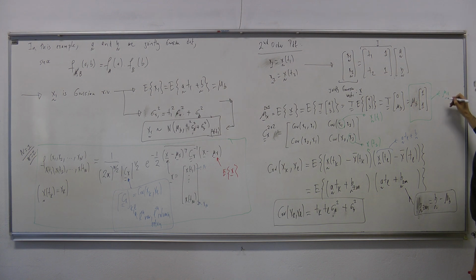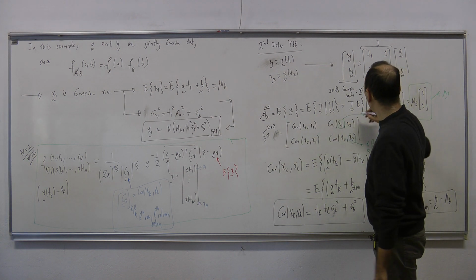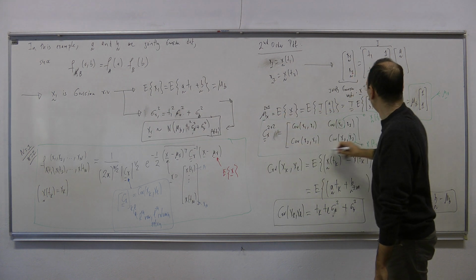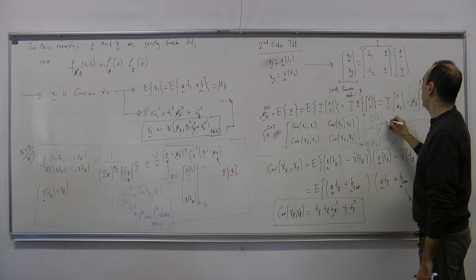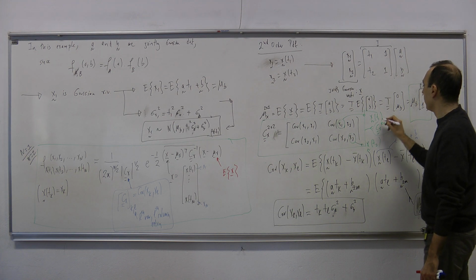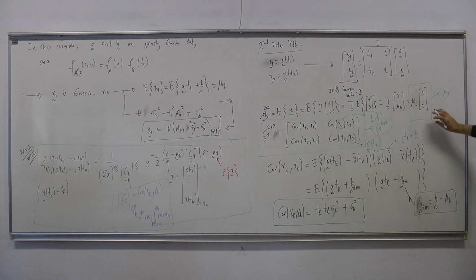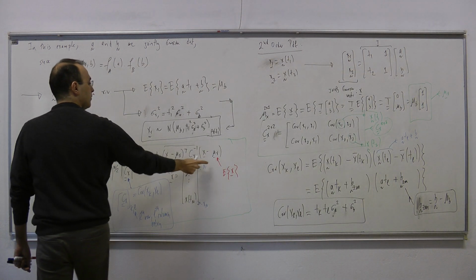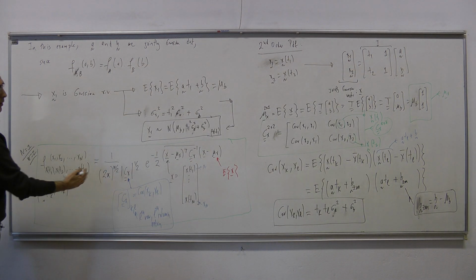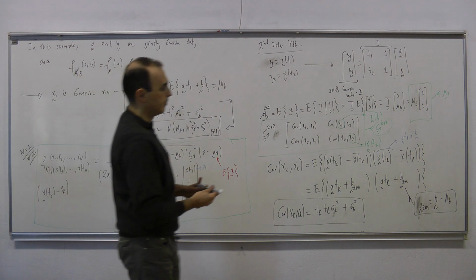This is my mu x vector, and I see this matrix. As you see, this is my Cx 2 by 2 matrix. Once I calculate these two parameters, I insert them over here, and I get my density, second order density. Okay.